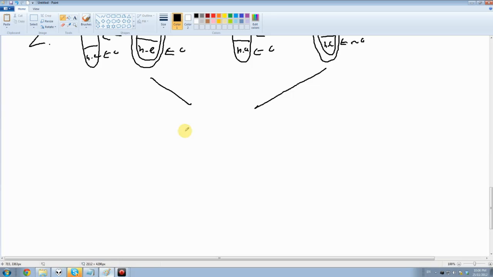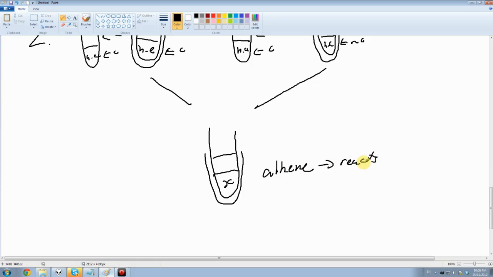And how we determine between those is, if we put this in foil, and we don't know what this is, say it's X, we know it's either hexane or hexene, we don't know which one. If we put that in foil and leave it for a day after shaking, if it reacts, we know it's an alkene. You know it's an alkene if it reacts.